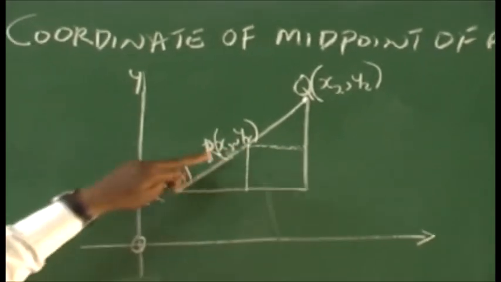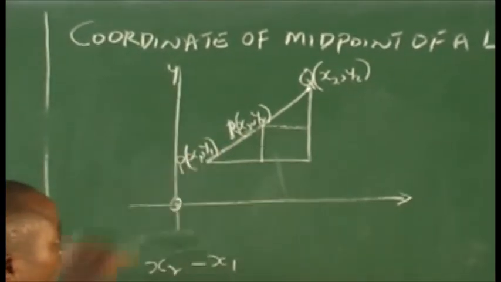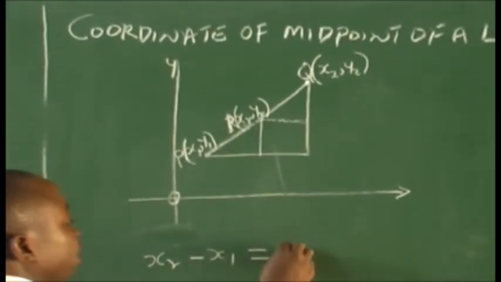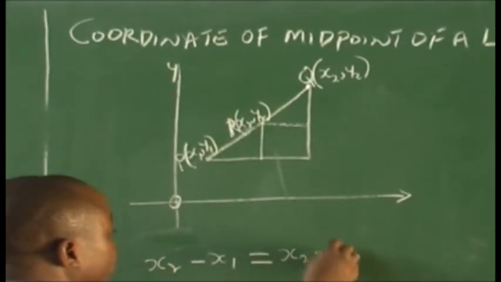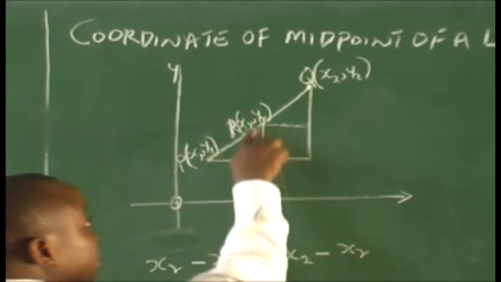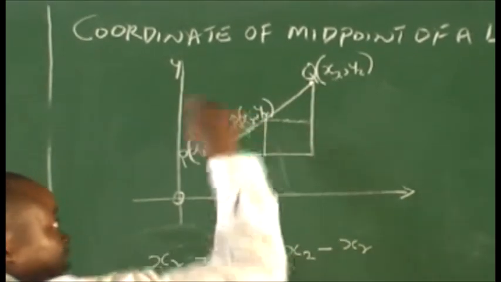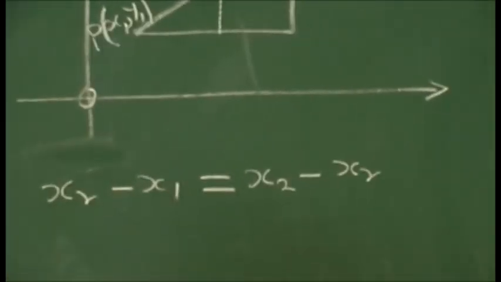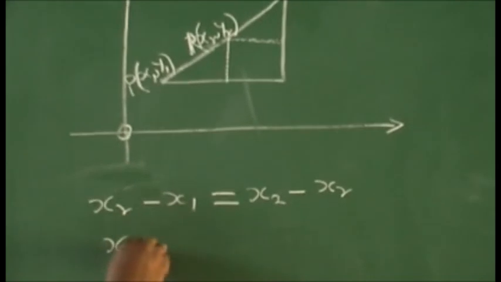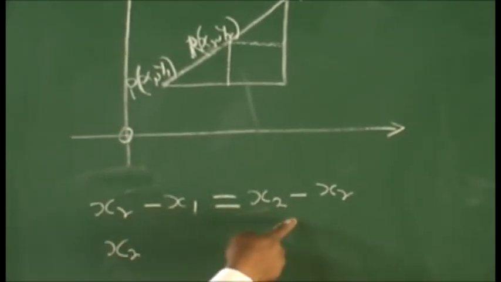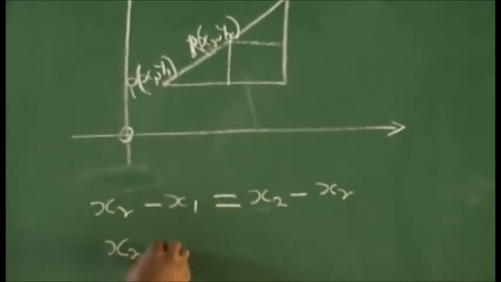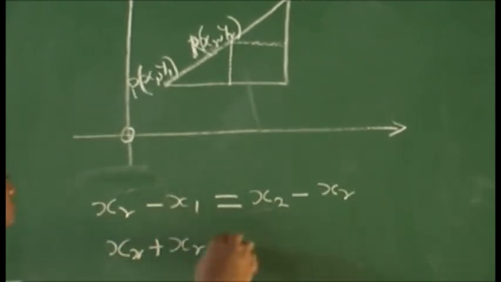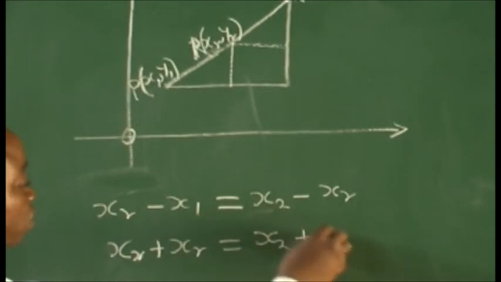So xr minus x1 will be the same as x2 minus xr. If it is so, I collect like terms, bring xr this way, so that xr plus xr will be equal to x2 plus x1.